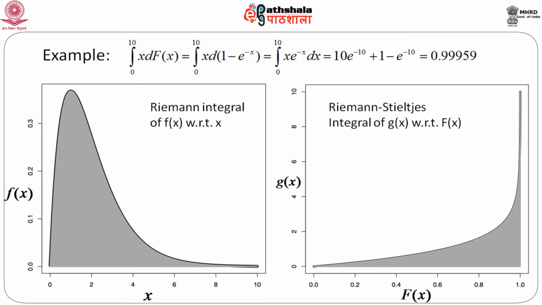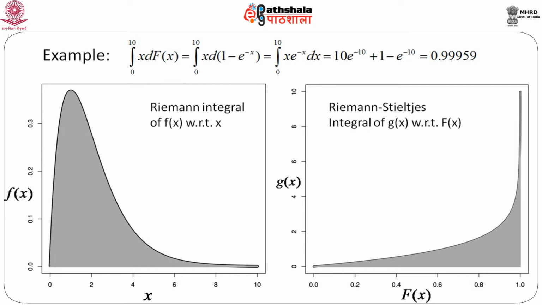So, naturally capital F of x lies between 0 and 1. You see the range is 0 to 1, and this is the curve of g(x) with respect to this capital F(x). Note that although g(x) is just x, this x is plotted where the horizontal axis is given as 1 minus e to the power minus x.